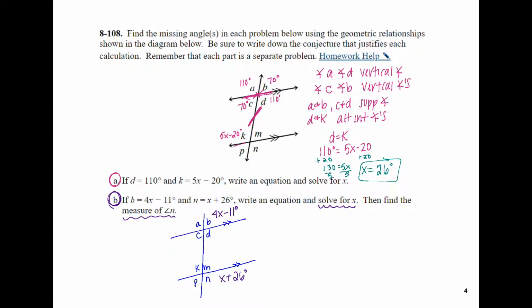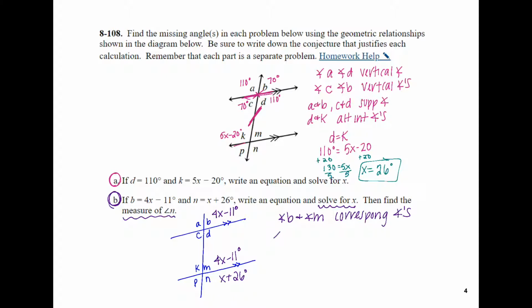So looking at these parallel lines, I know that angle B and angle M are corresponding angles. So I can say that M is 4x minus 11 degrees.